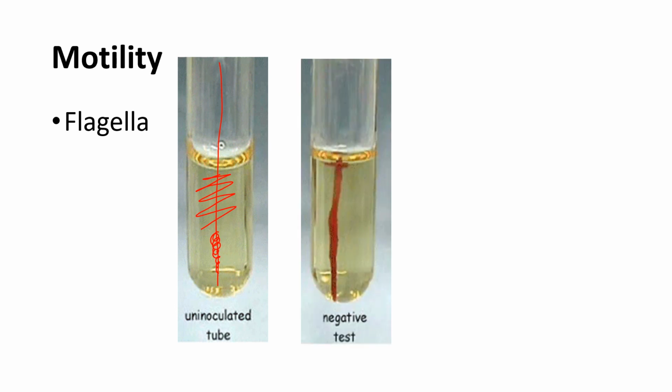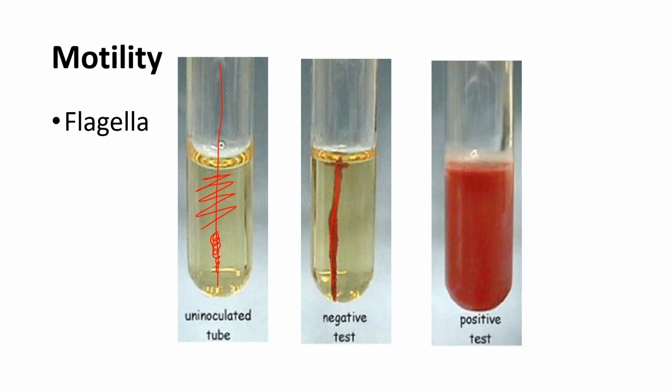This is an example of a non-motile bacteria. As you can see, all the growth is concentrated around the stab line. And this is an example of a positive test. The stab line was probably in the middle, and the bacteria were able to move away. So you'll see sort of fuzzy generalized growth.